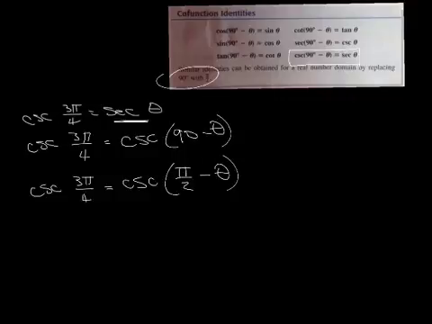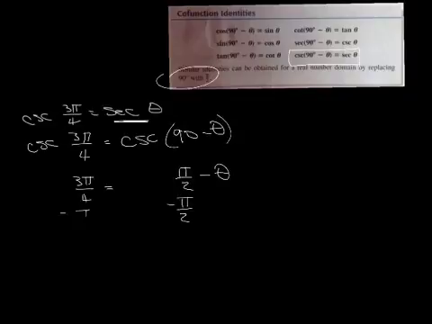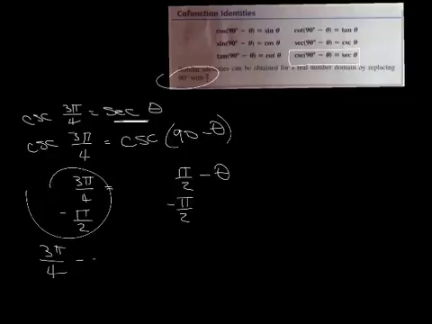Okay, cross out my cosecants. Now I'm left with just that. In fact, I can take my parentheses off here. And to get rid of the pi over 2, I subtract that from both sides. So this is going to be 3 pi over 4 minus pi over 2, but I need a common denominator.